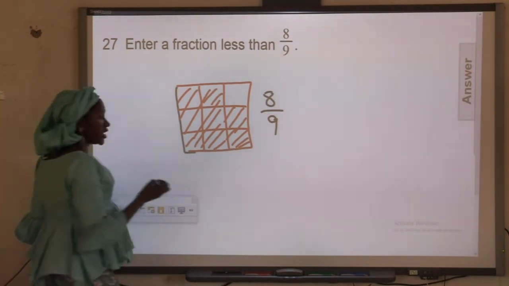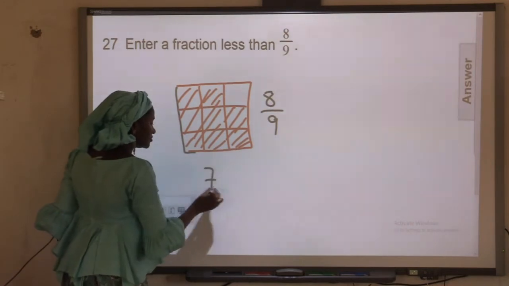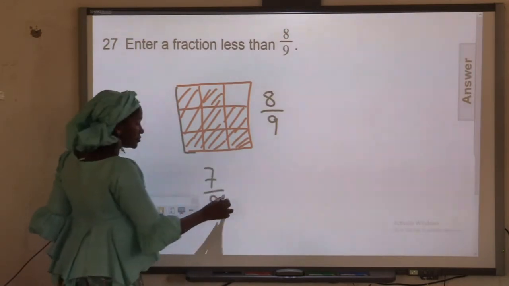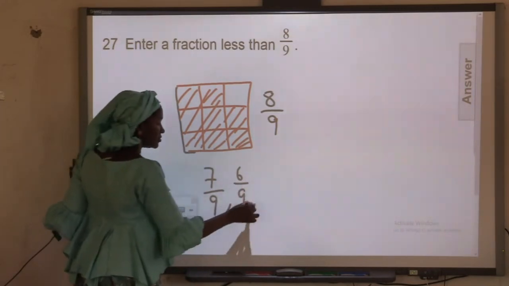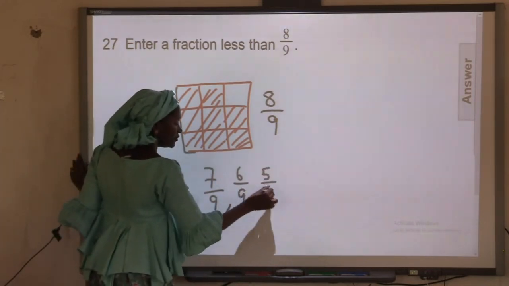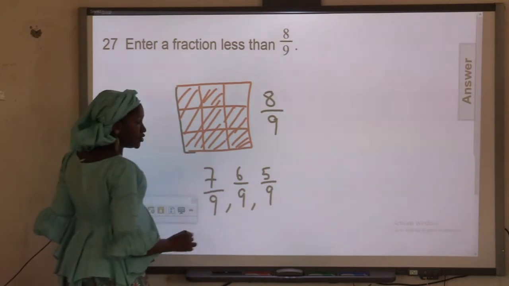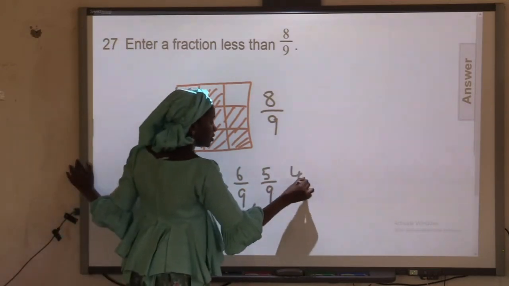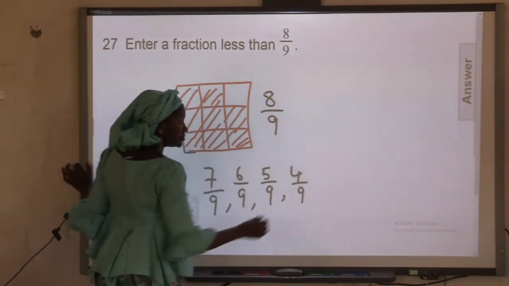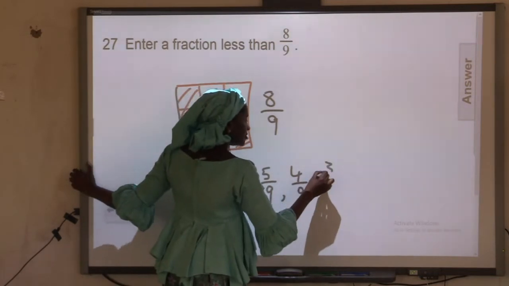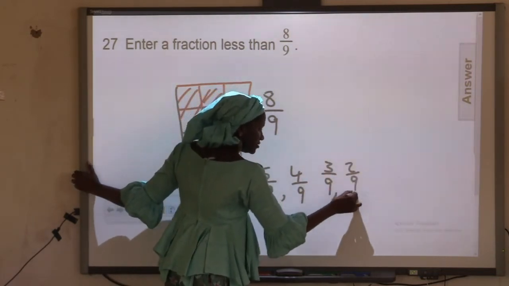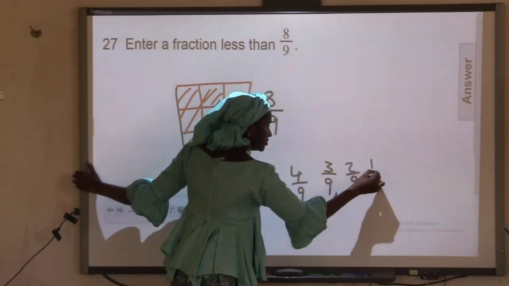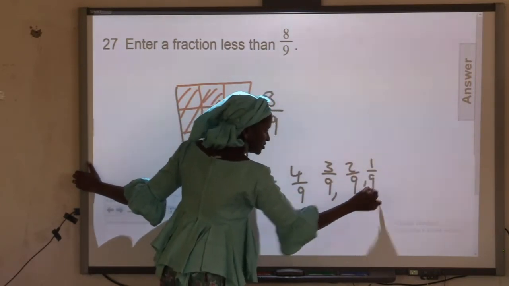It could be 7/9, 6/9, 5/9, the same denominator, 4/9, 3/9, 2/9, and 1/9.